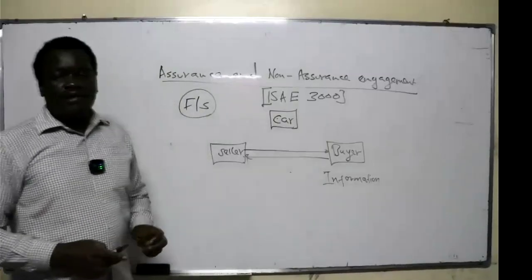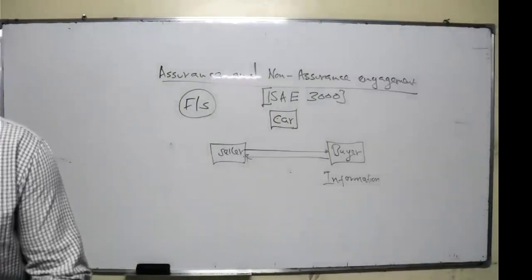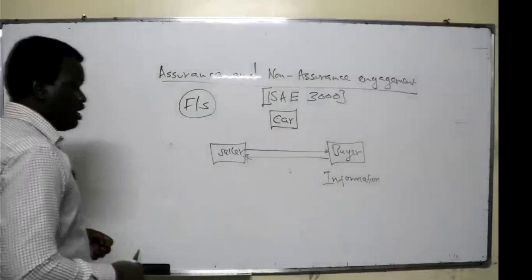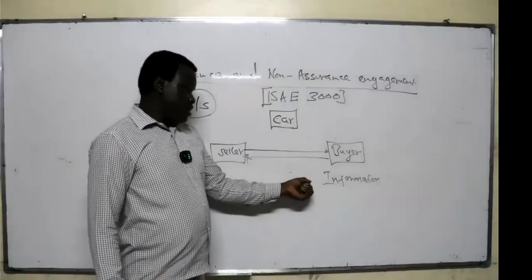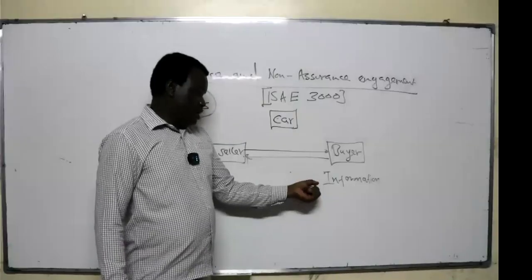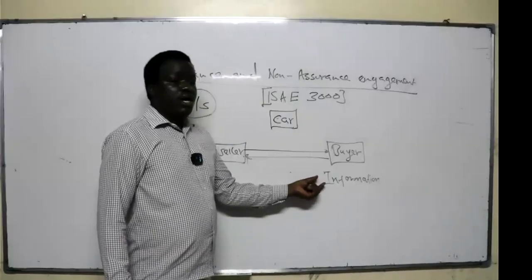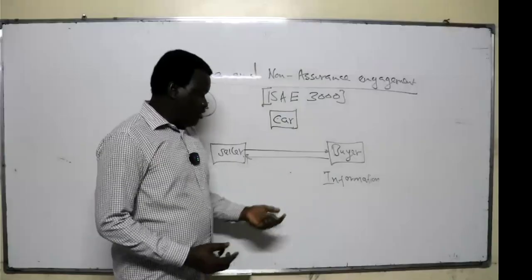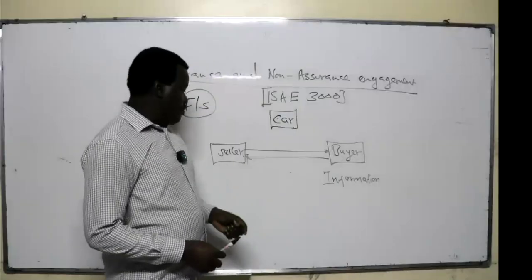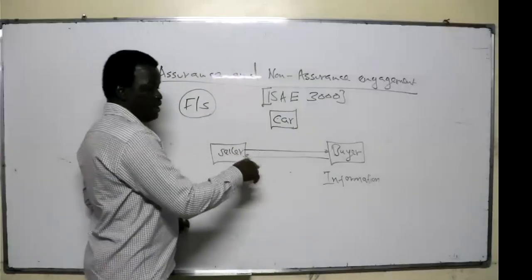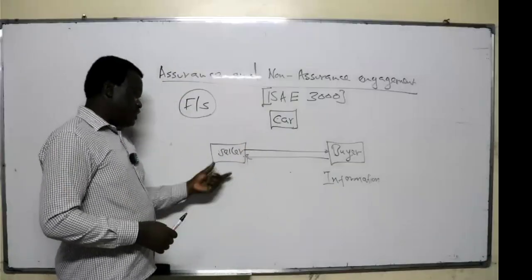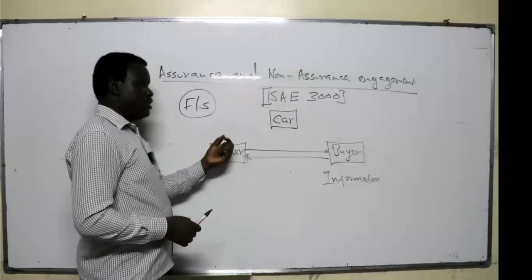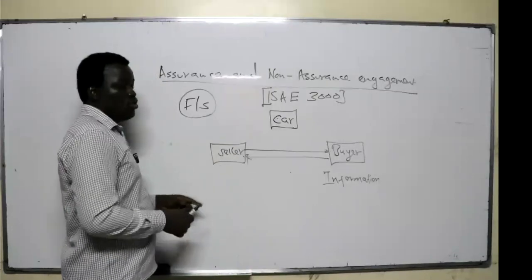There are qualities of good information for decision-making: reliable, timely, economical, and accurate information. Between these two parties, one has more information than the other. The seller who deals with cars has more information than the buyer.